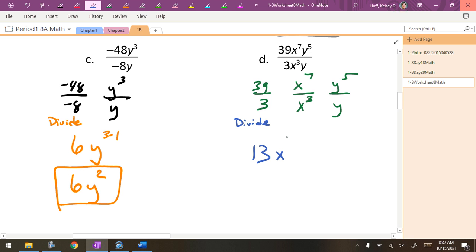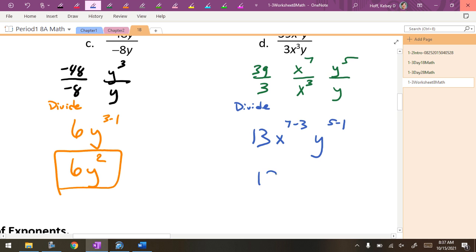X, and you're going to show me that you subtracted 7 minus 3. And then your y base would be 5 minus 1. So you'd end up with 13 x to the 4th, y to the 4th. Hey, should I add 4 and 4 together? They're both 4s. Why not? Very good. They're not on the same base. One's an x and one's a y.